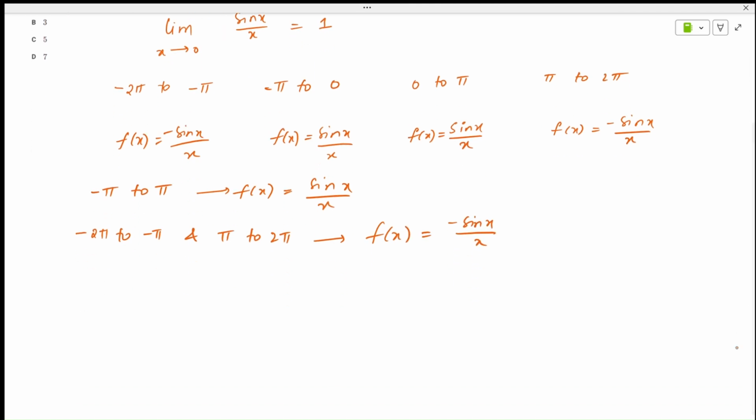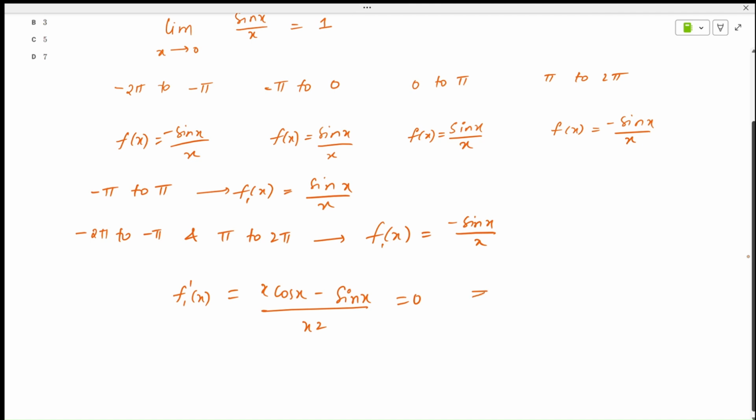So to get critical points, we'll differentiate it. First, let us differentiate this function f1 of x. So the differentiation is, by the quotient rule, (x cos x minus sin x into 1) by x square, which should be equal to 0 to get critical points.